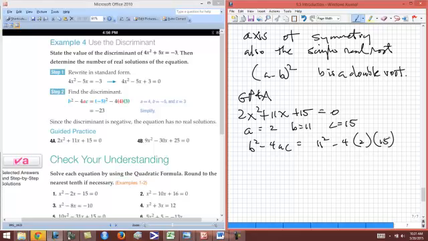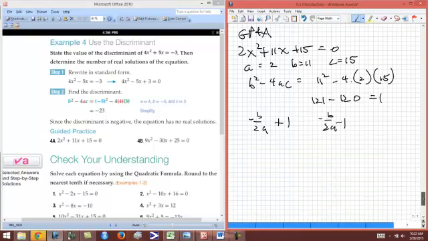We've got 121 minus, 4 times 15 is 60, times 2 is 120, which equals 1. So how many real solutions do you have? You're going to have 2 real solutions, because it'll be minus b over 2a plus 1 and minus b over 2a minus 1. Those are your roots. It's greater than 0, so there are 2 real roots.